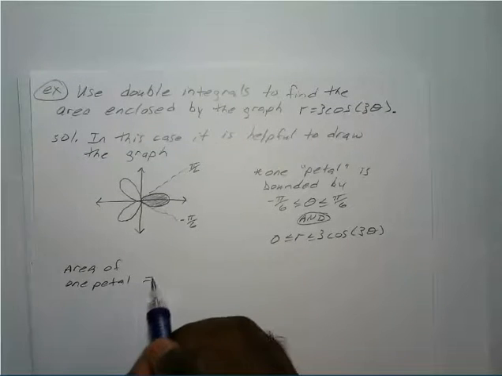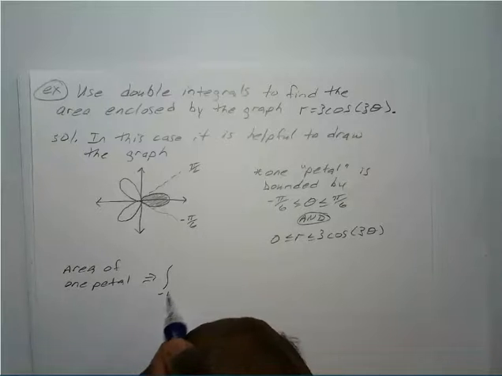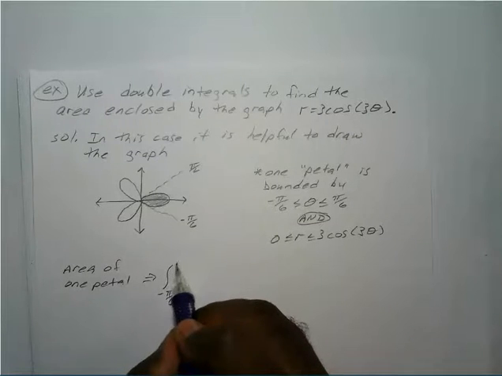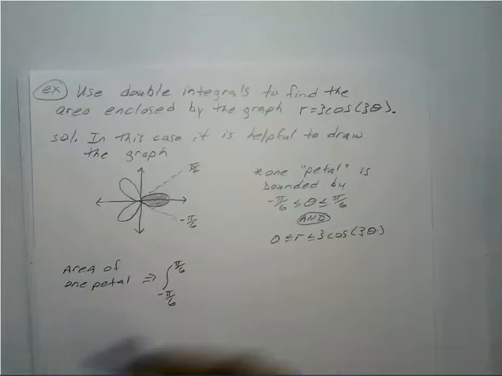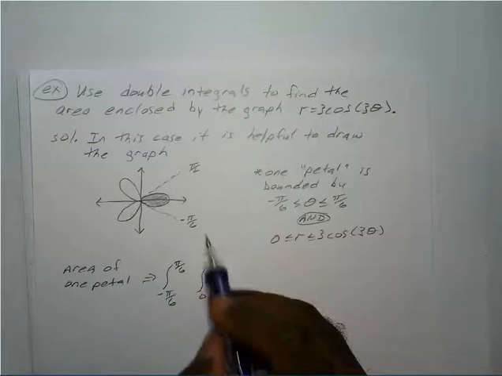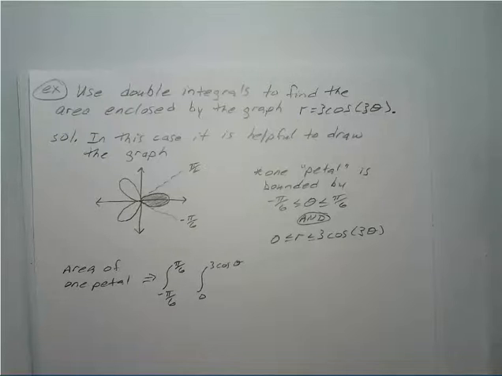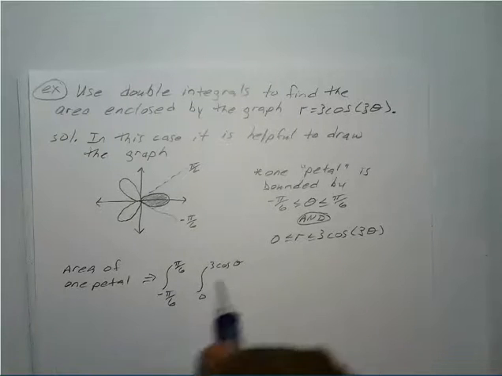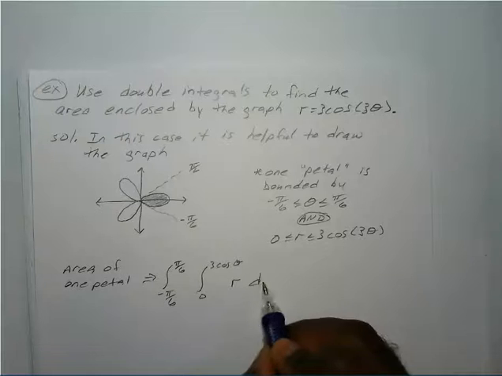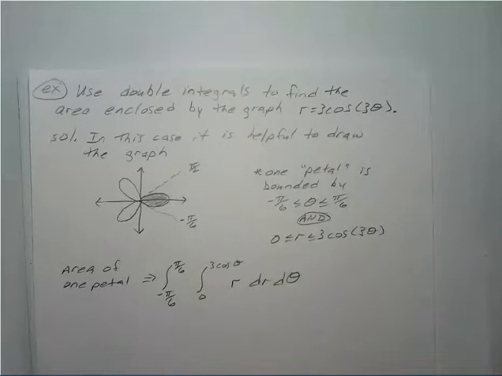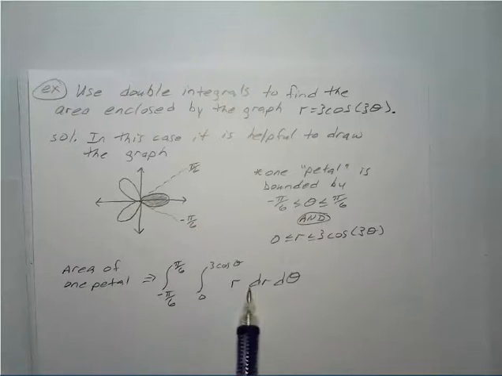that's going to give us the integral from negative pi over 6 to pi over 6, and the integral from 0 to 3 cosine of 3 theta, of r dr d theta. Now if you like, you can plug that in, but honestly, it's simpler to just solve it as r.